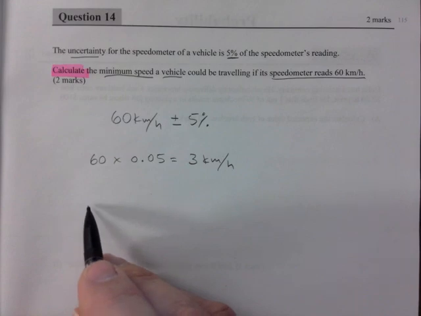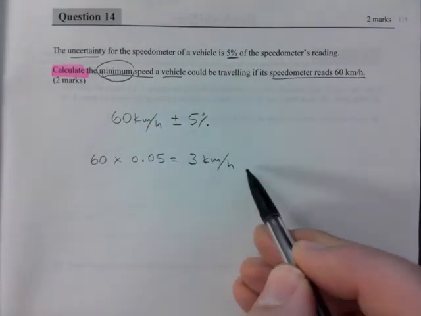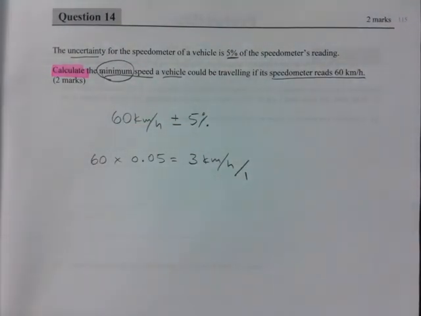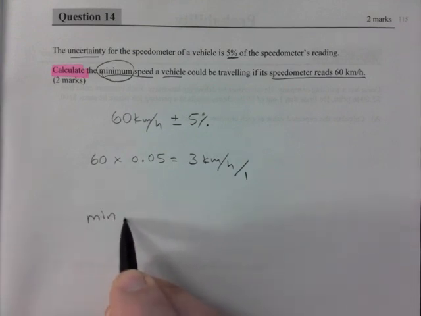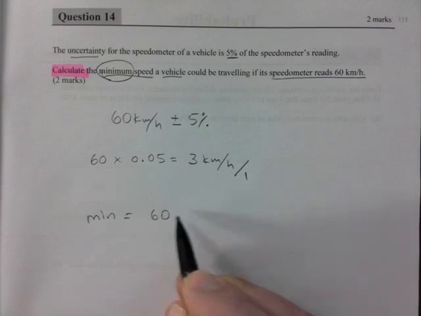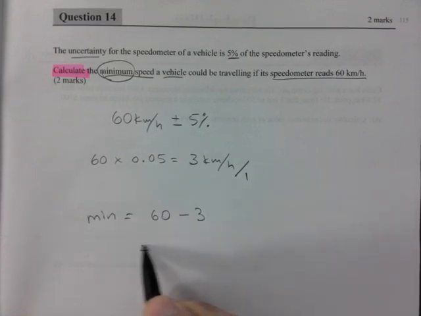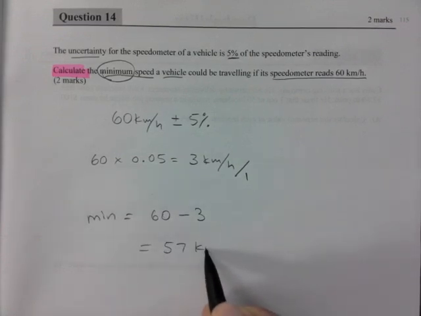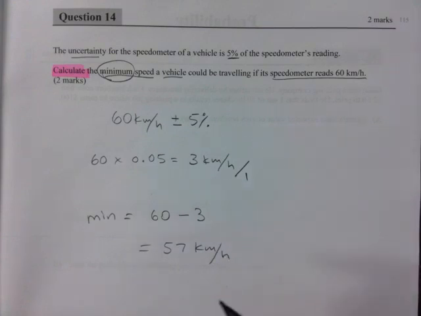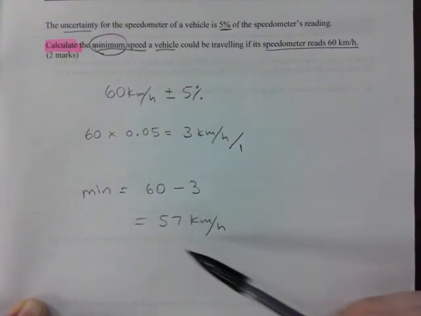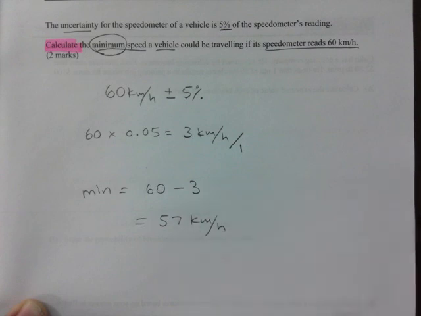So the minimum. This would get you a mark, by the way, for getting the 3 kilometers per hour. And then the minimum would be 60 minus 3, which is 57 kilometers per hour. So if your speedometer reads 60, you could be traveling as low as 57 kilometers per hour.